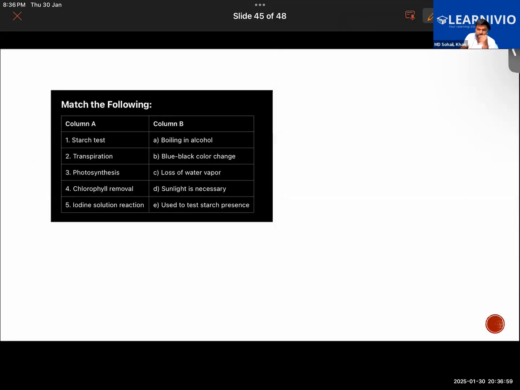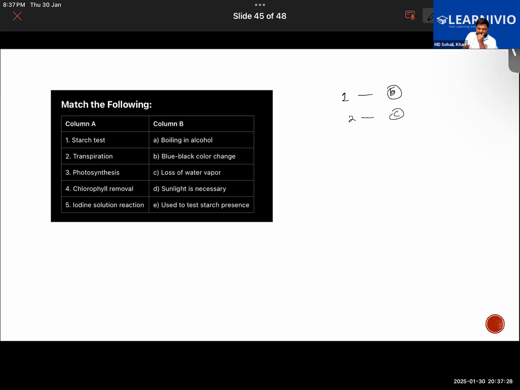Answer this question. Starch test. Blue-black color change. Okay. So for question number 1, it is blue-black, B. Color change. Good. Transpiration. Loss of water vapor. Good. Photosynthesis.